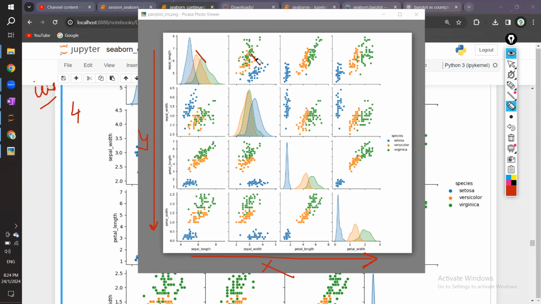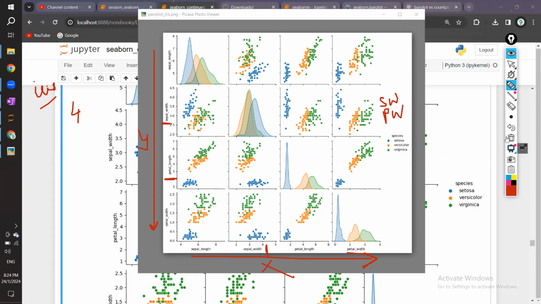For example, this is a plot between petal length and sepal width. And this is a plot between sepal width and petal width. Like that, it has created graphs between all the possible combinations. That is clear. First point.